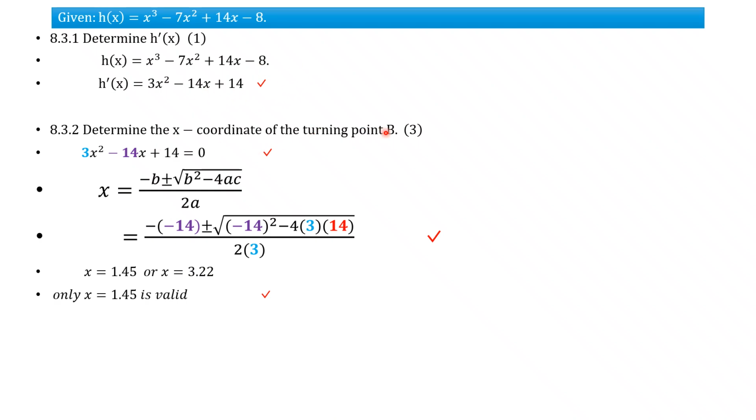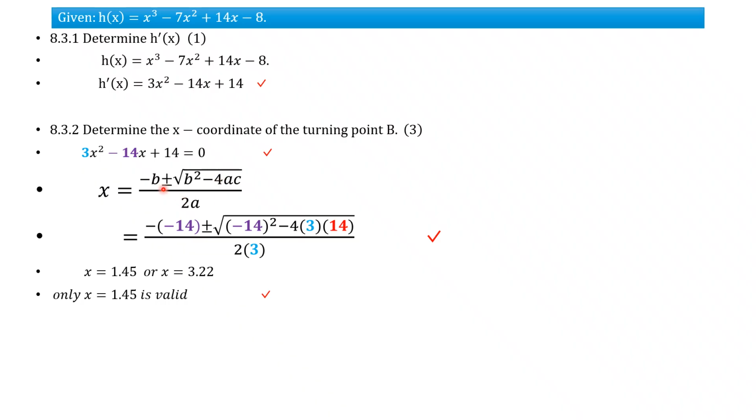Determine the x coordinate of the turning point B. We already have the first derivative, so we equate it to 0. Because we can't factorize it, we are required to use the quadratic formula: x equals minus b plus or minus the square root of b squared minus 4ac, over 2a. This formula is given on your formula sheet for the prelim exam.